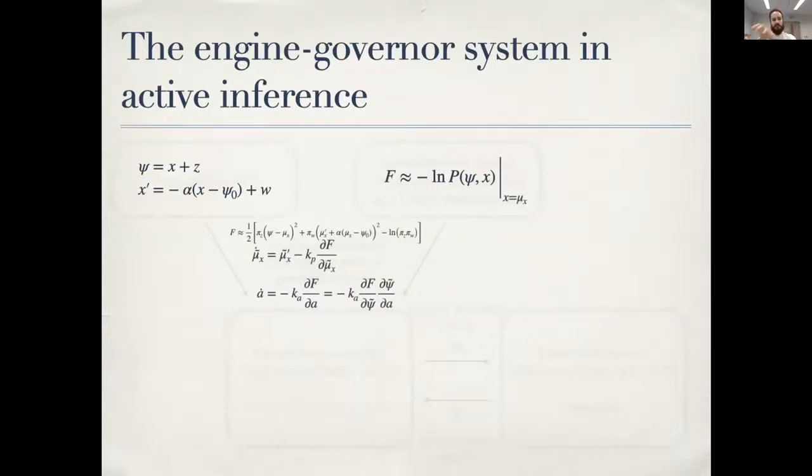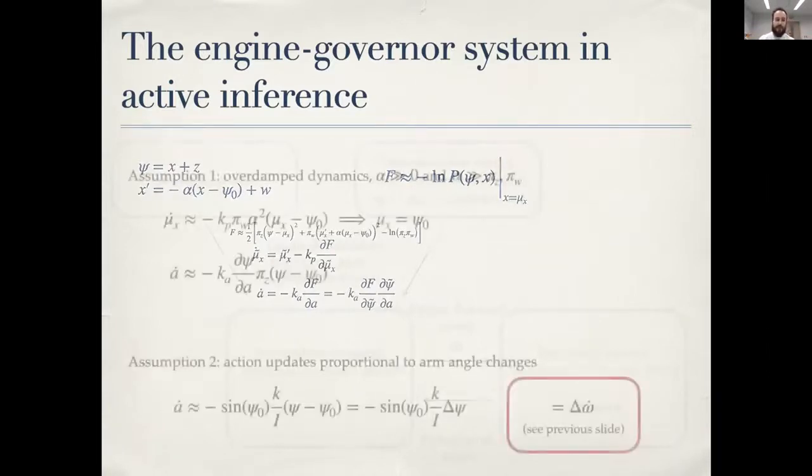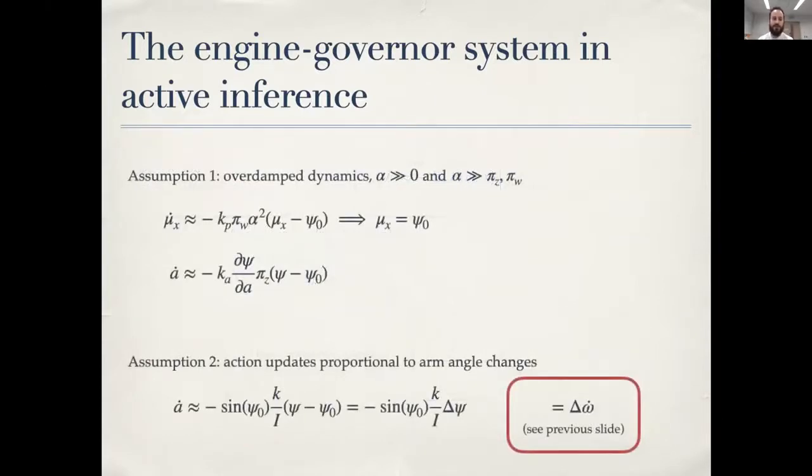Take a generative model, take a free energy function, combine them, come up with a gradient descent on that function, and then with a couple of assumptions that are quite standard and that are fundamentally related to some treatments in non-equilibrium thermodynamics, although I didn't go there, you can get something which is exactly, if you don't trust me, just go back and check the previous slides as soon as we are done, the last equation there is exactly the equation that we get from the engine that is attached to the governor.